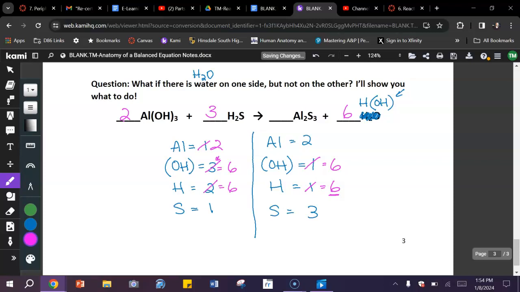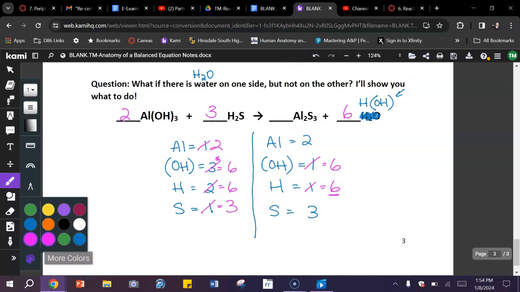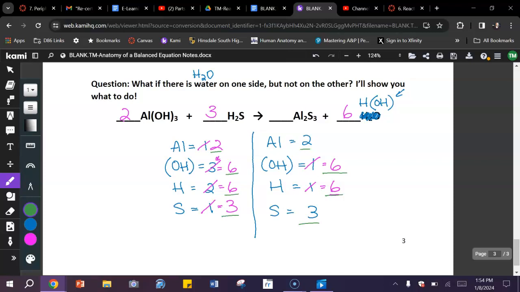But remember, the 3 is also going to change the other element in that compound, making the number of sulfurs 3. And look at what happens. 2 aluminums on each side, 6 hydroxides, 6 hydrogens, and 3 sulfurs on each side. So, hey, I am balanced. And I was able to do that because I rewrote the formula for water.